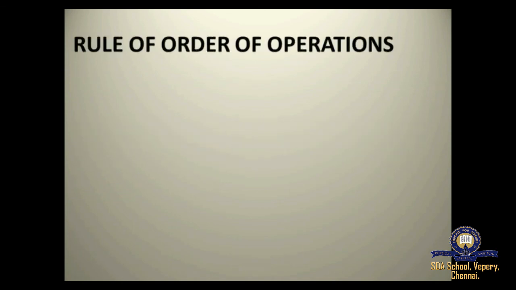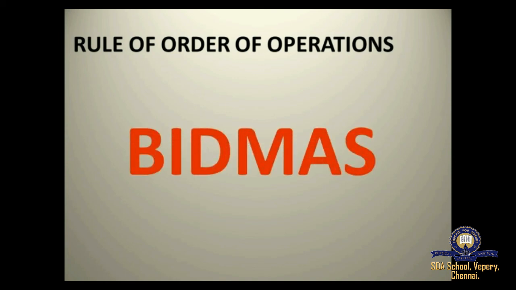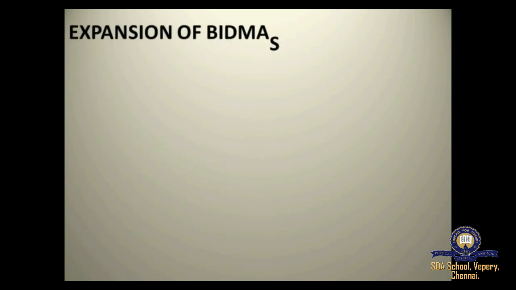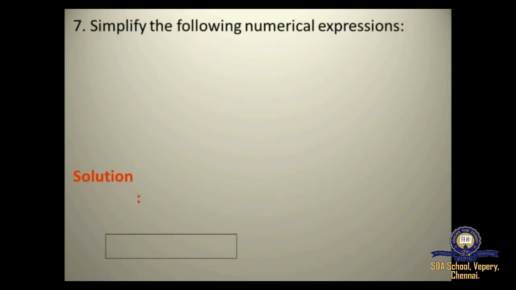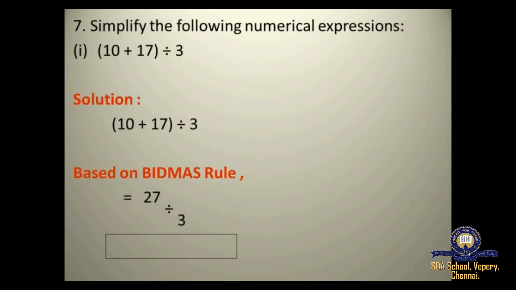Next we moved on to the order of operations. So what is the rule of order of operations called? It is BIDMAS. What is the expansion of BIDMAS? It is brackets, indices, divide, multiply, add and subtract. And we saw sums based on BIDMAS rule.